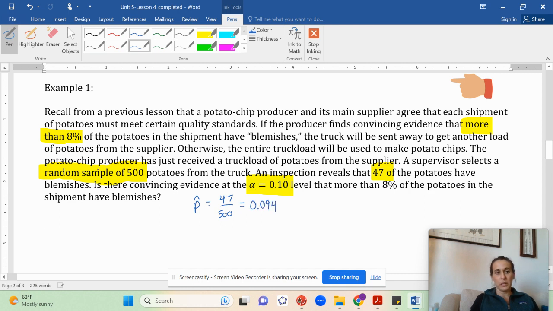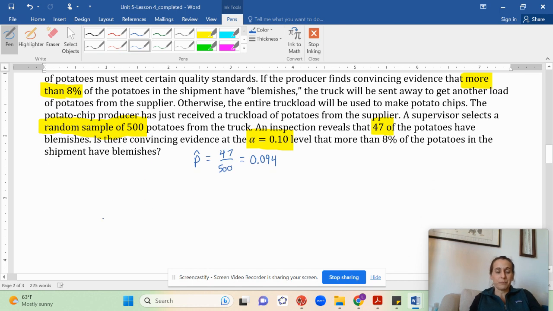That's a little bit more than 0.08, which is 8%. But is it enough for us to have strong evidence that the whole truckload really has more than 8%? Because maybe the sample was just a little bit high, and that's what we want to find out.